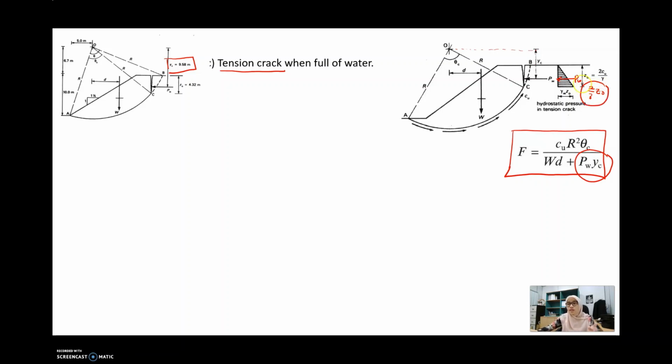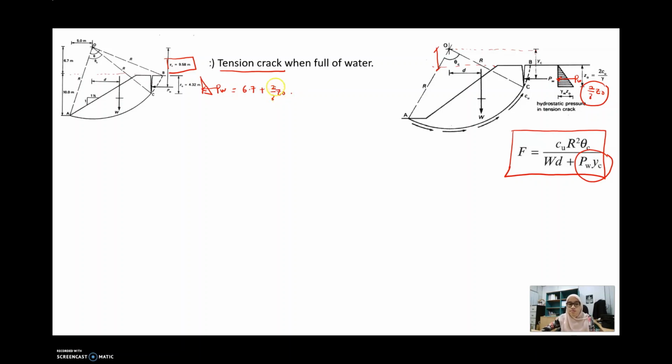So you can determine this one, let's say for this case, 6.8, and then you have the PW here. So PW 6.7 plus 2/3 of Z0.